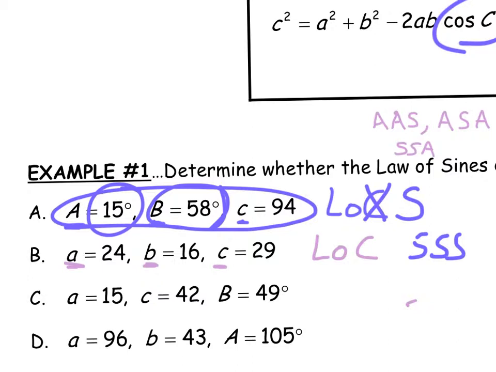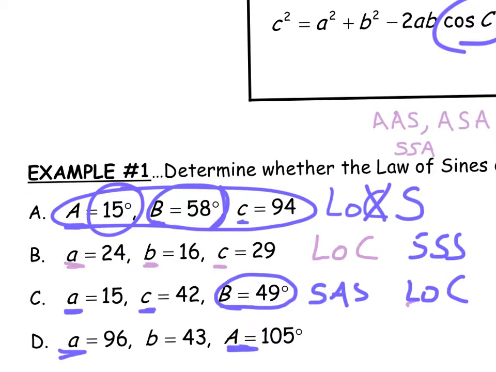Down here is a side and the included angle, because that's a different letter. So side, angle, side. So that's going to be law of cosine. And here we have opposites right there. And then the third one, this one's going to be side, side, angle. And if we can solve it at all, it's going to be with the law of sine.